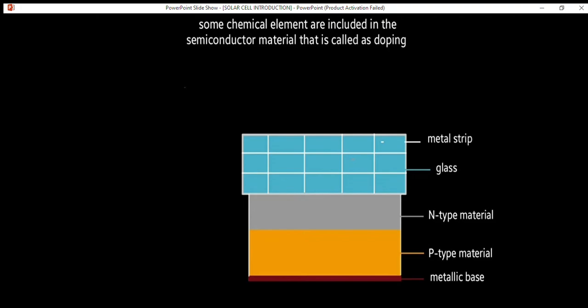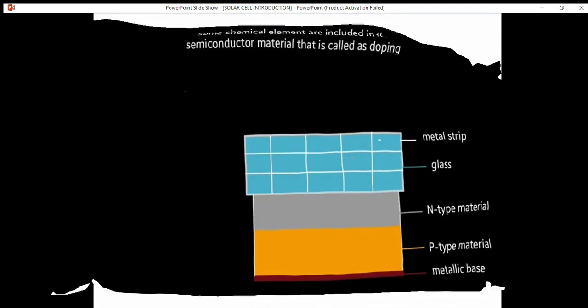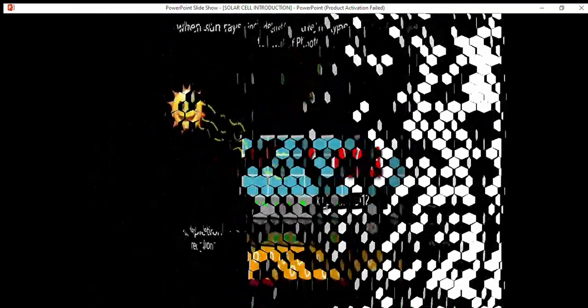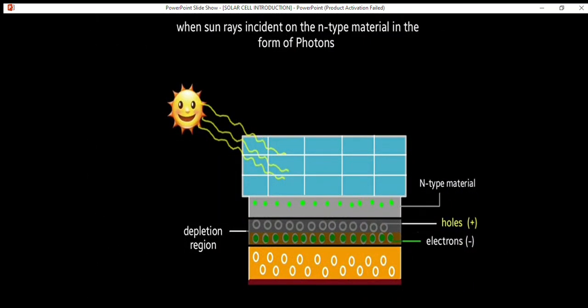Moving next to the working of solar cell, that how it works. In N-type material, majority carriers are free electrons, and in P-type region, majority carriers are free holes.